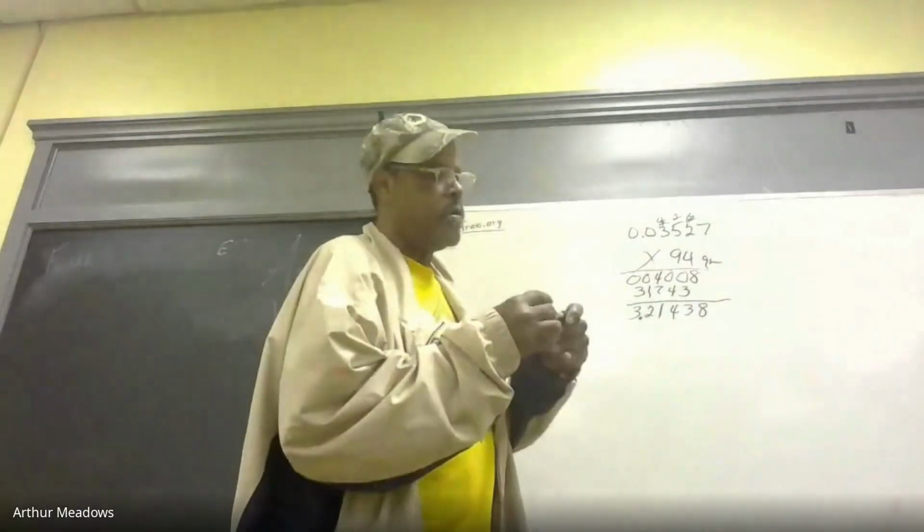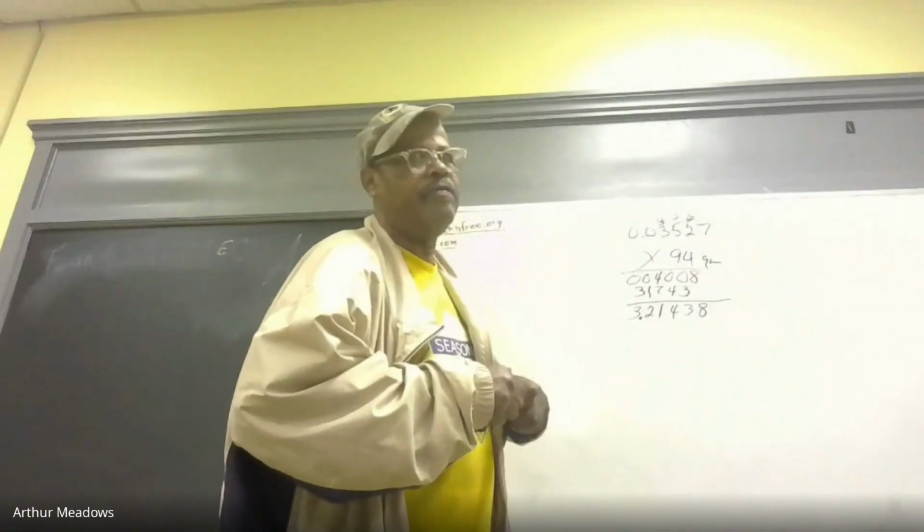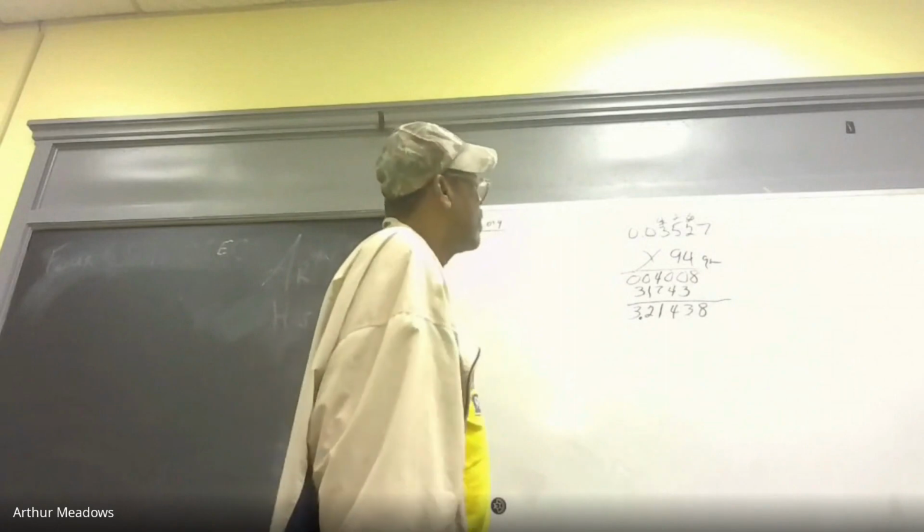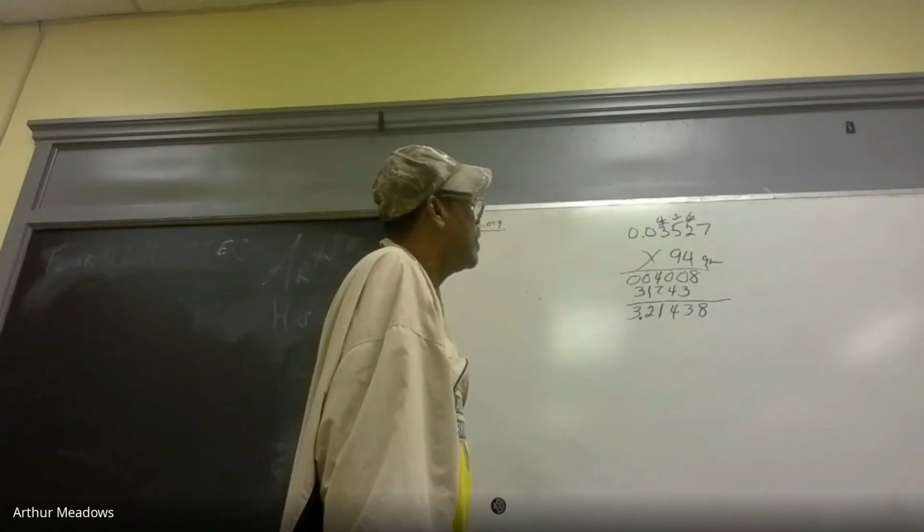Yeah, I most definitely am. No, that's what we're here for. Hey, what was your answer? 3.31538, right? 3.21438. Nah. My answer over here is 3.31538. Yeah, it should be 3.32. Okay.